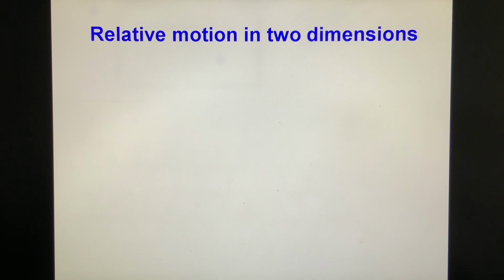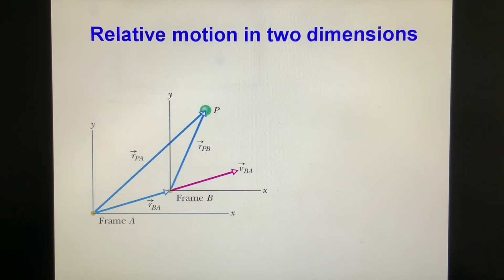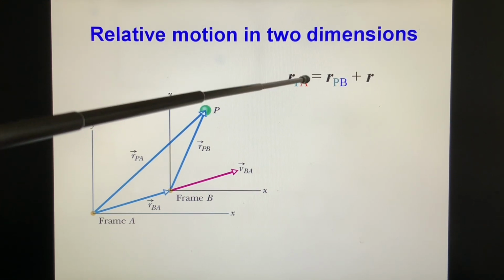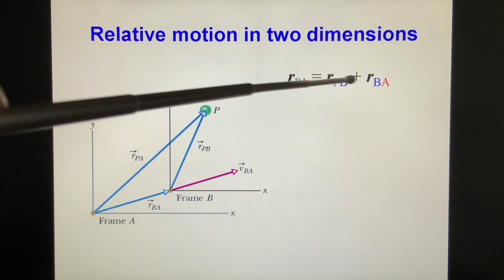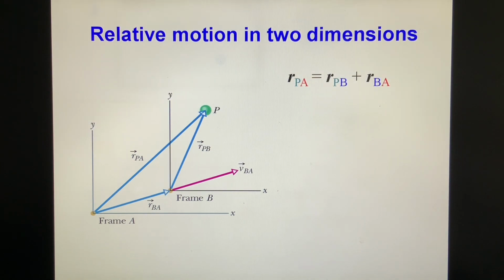Relative motion in 2 dimensions. This is frame B, this is frame A, in 2 dimensions. So the position rPA is what? Equal to rPB plus rBA. Now we do the same thing: we split P and A, put P in front, A in back, and put B in between. This is how I remember these relative motion formulas.